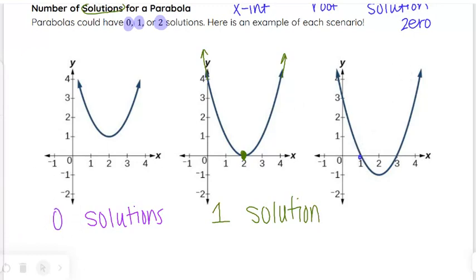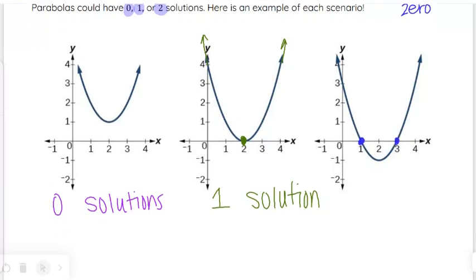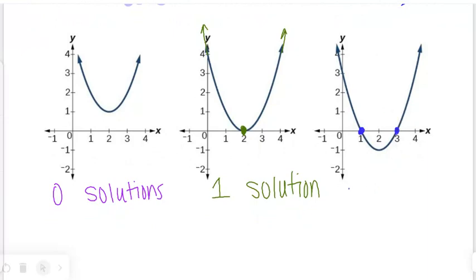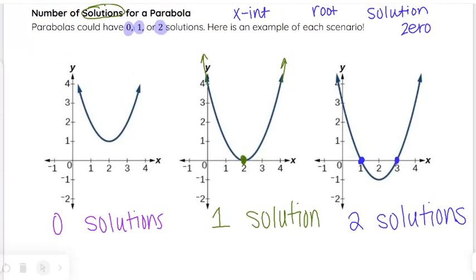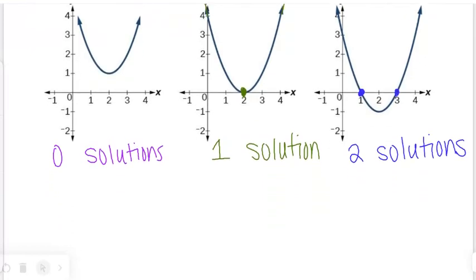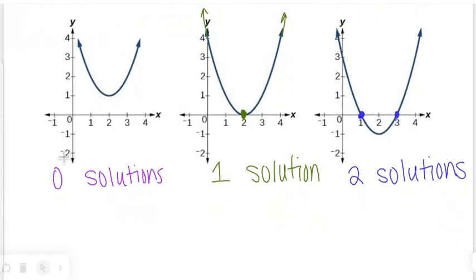And then finally, we could have a parabola where it crosses the x-axis twice. This would be an example of that, and that would be two solutions. Again, it just depends what the graph looks like, and don't forget that it could open down. So these aren't the only three scenarios. For example, I could have a zero solution one where it is a parabola that opens down below the x-axis, and that's not going to cross. That would be another example of zero solutions.